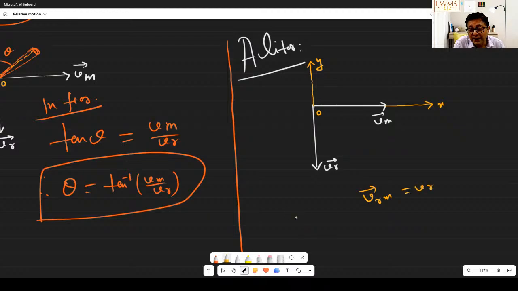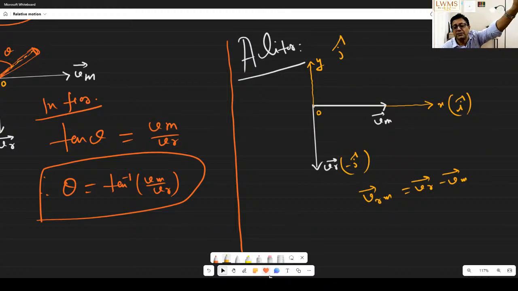VRM will be VR minus VM, isn't it? But VR I can write by using vector. What is the unit vector in that direction? Minus j cap. This way j cap, that's why it is minus j cap.